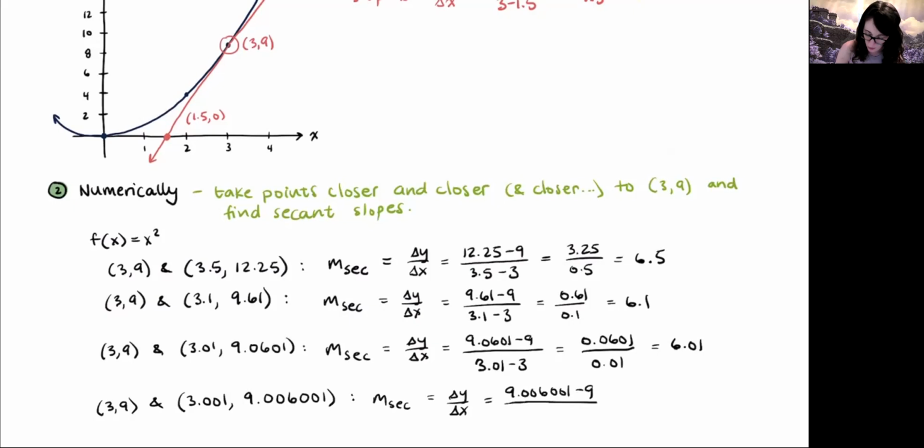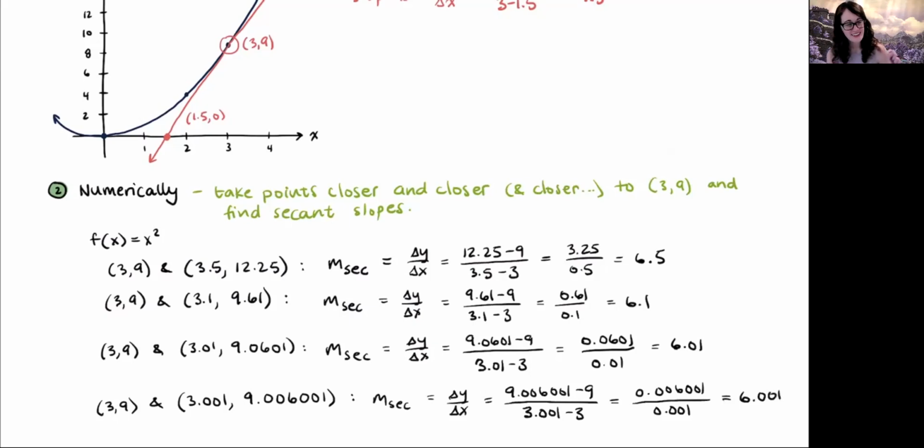That'll be 9.006001 minus 9 over 3.001 minus 3. All right, so that's 0.006001, an even smaller change in y, over 0.001, an even smaller change in x. Right, these tops are approaching 0, the bottoms are also approaching 0. And when we divide these, we're going to get 6.001.